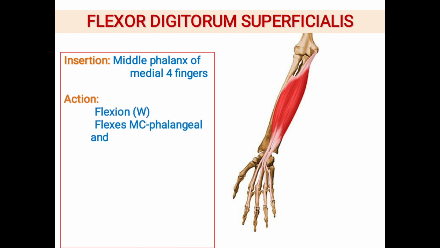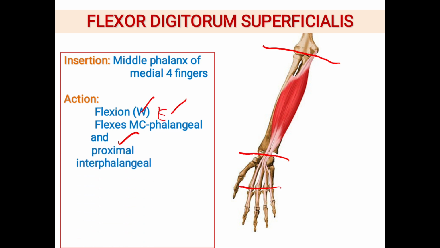Okay, so let's count how many joints the flexor digitorum superficialis crosses. So first it crosses the elbow, so it flexes the elbow. Again, I apologize, I forgot to put the letter E. So it crosses the elbow, it crosses the wrist, it crosses the MCP, and it crosses the proximal interphalangeal joint.